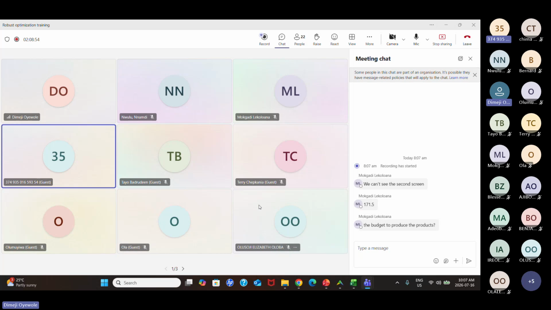One of the things that, thank you for your question. That's a great question. One of the things that robust optimization helps to do is what sensitivity analysis is going to do for you. Robust optimization can be able to carry that out for you.